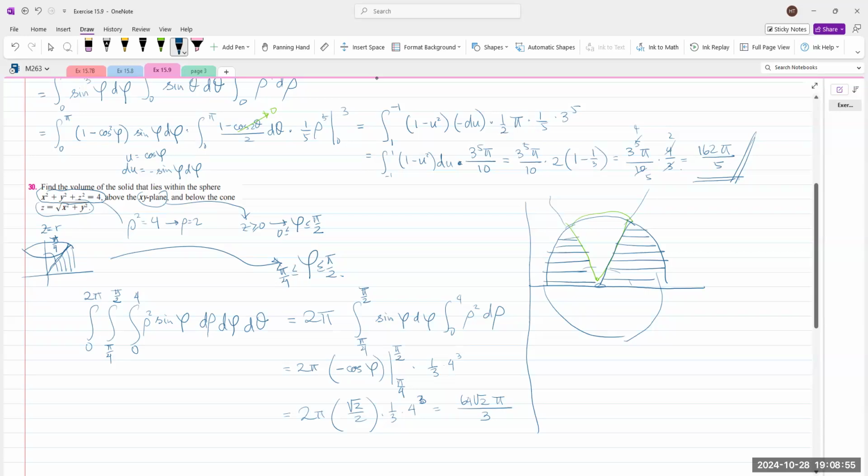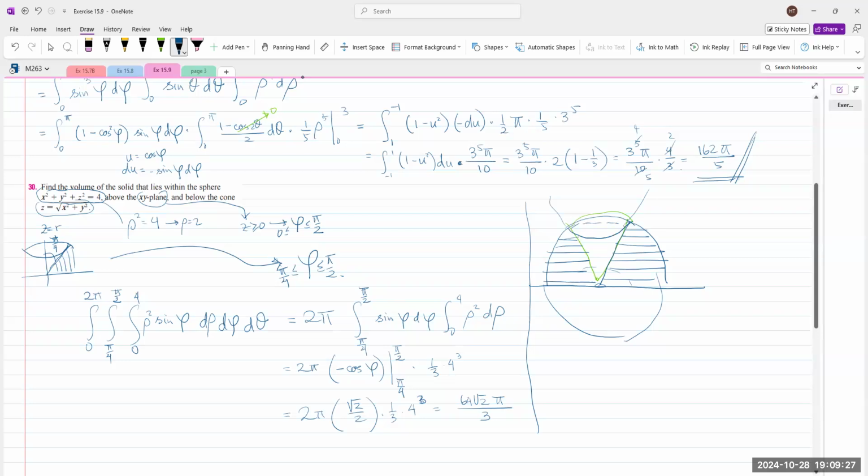That's within the sphere, above XY plane, below the cone. Right? Yeah, that's what it is. So it's basically the hemisphere, and then you cut the cone, the ice cream cone away.